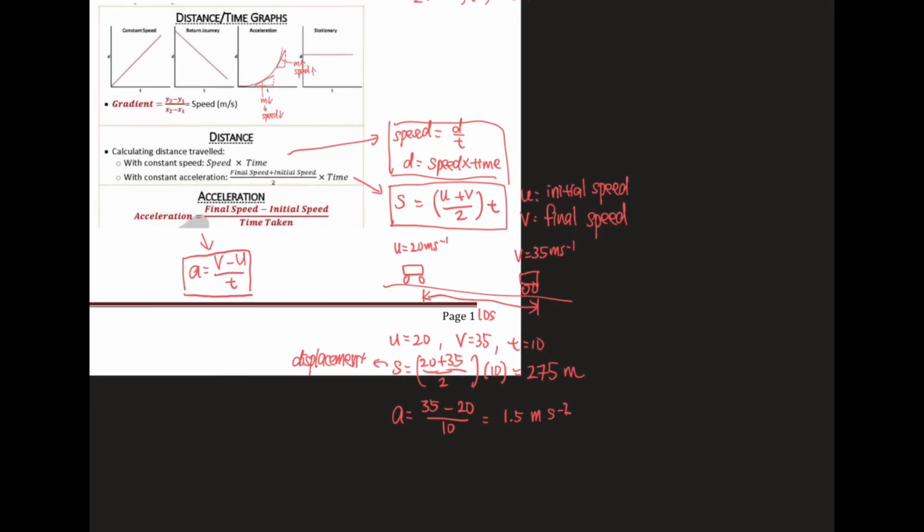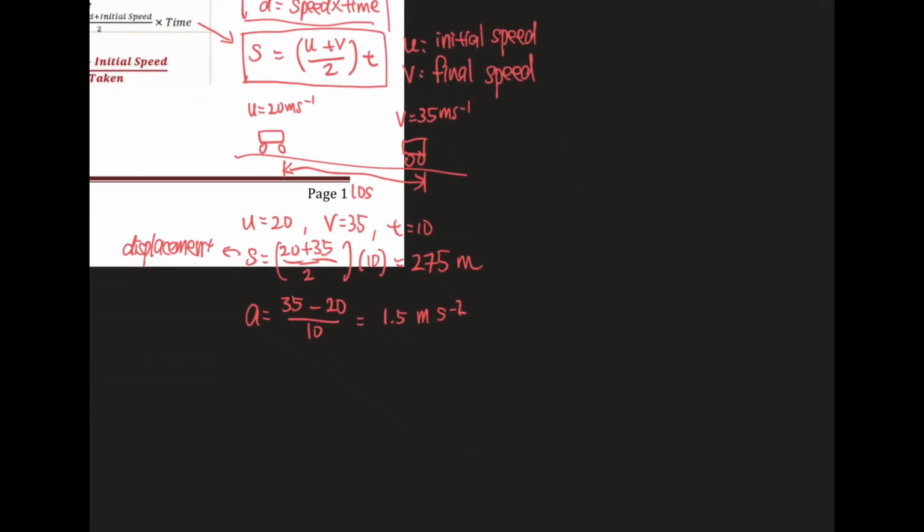Maybe you are wondering also, 1.5 meter per second per second. How to understand that? It's something like this. Imagine what is meant by 1.5. Imagine at t equal to 0, the speed is 20.